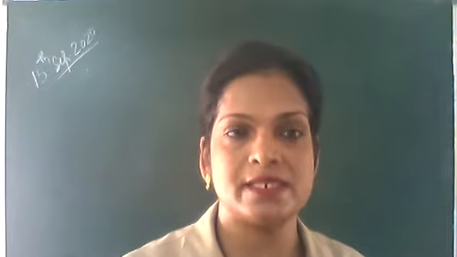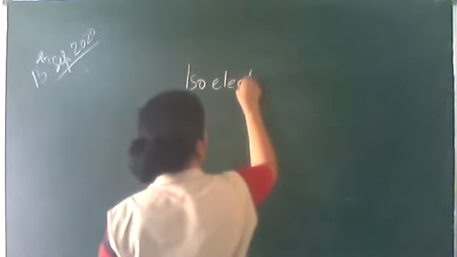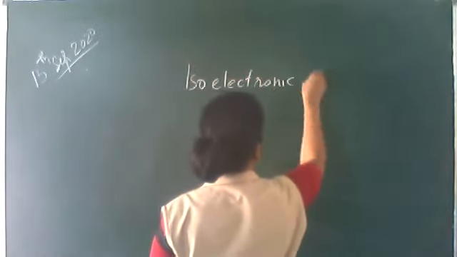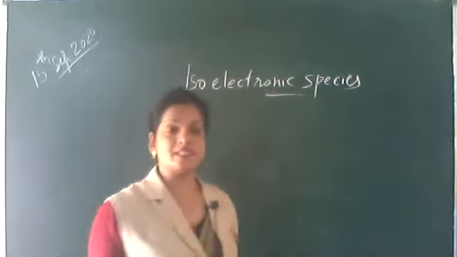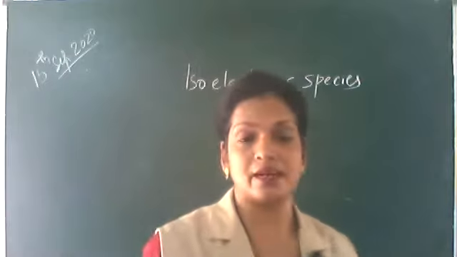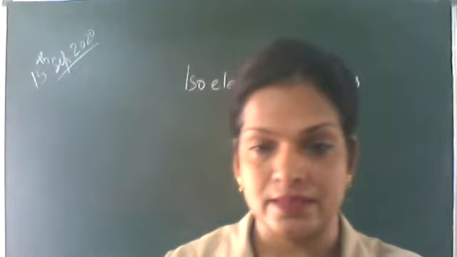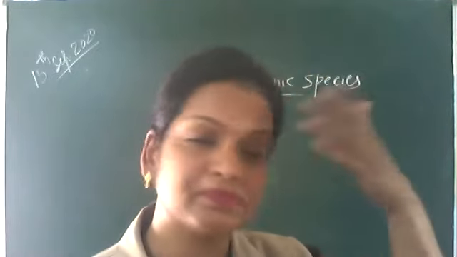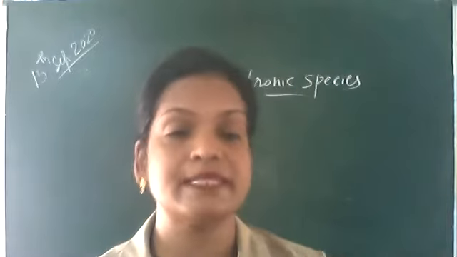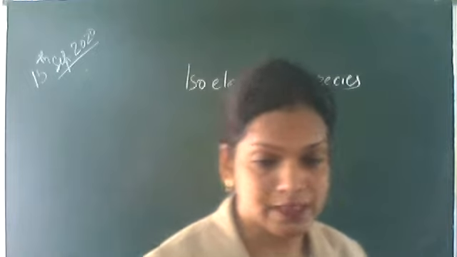We call such species isoelectronic species. The species having the same number of electrons are called isoelectronic species.